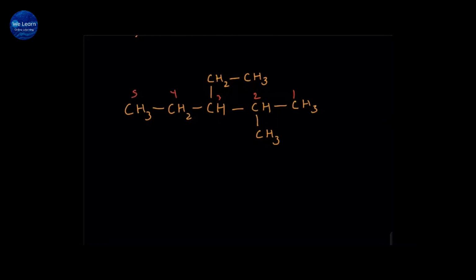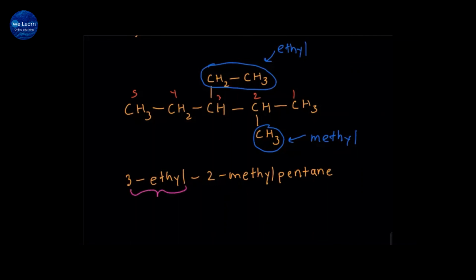Notice if I number it from the left, the 2 carbon atoms attached to the groups would get the numbers 3 and 4. So I'm going to go ahead with 2 and 3 because those are the lowest possible numbers. Let's analyze what groups we have here. I put ethyl before methyl, and there's a reason for that.